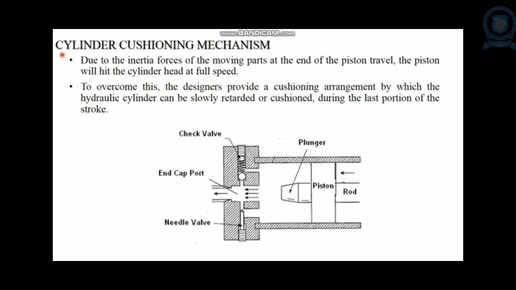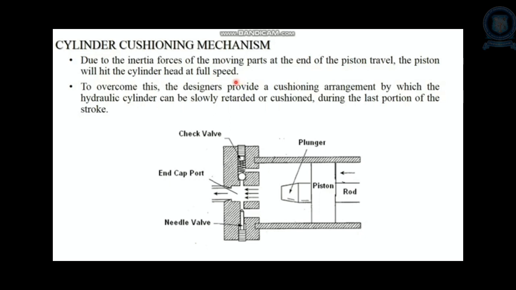Then this is an important mechanism used in double acting cylinders. It is a cylinder cushioning mechanism. In many hydraulic double acting cylinders, due to the inertia force, the moving parts at the end of the piston travel, the piston will hit the cylinder head at full speed.